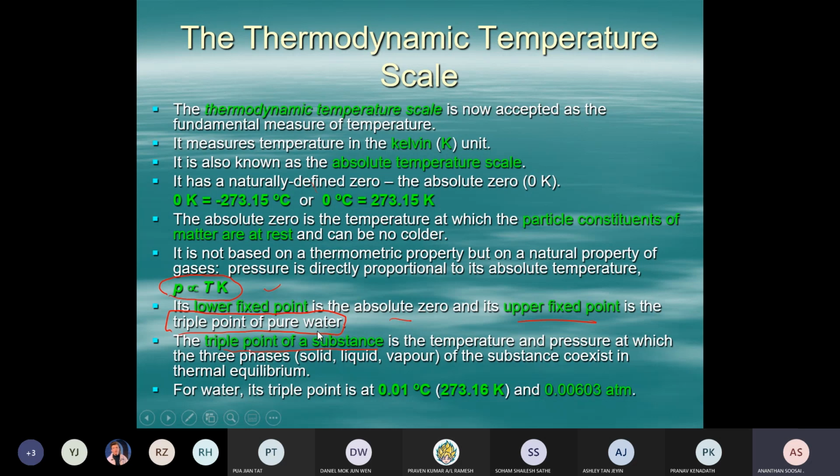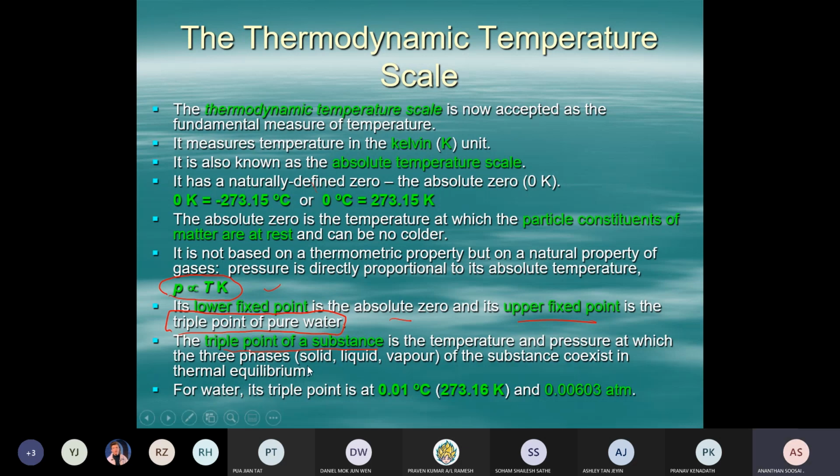Okay, what is the triple point of water? So the triple point of a substance, but we go for water. The triple point of water is the temperature and pressure at which the three phases, solid, liquid, vapor of the substance coexist in thermal equilibrium.